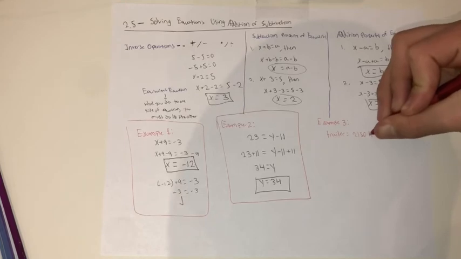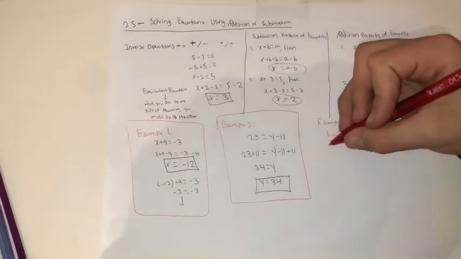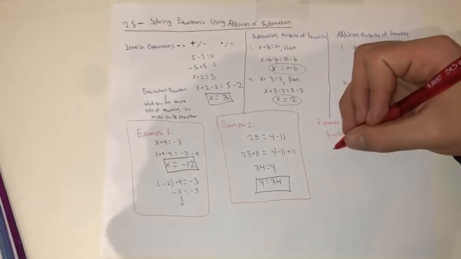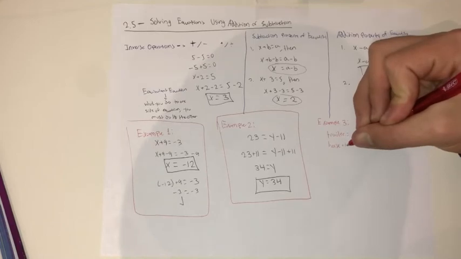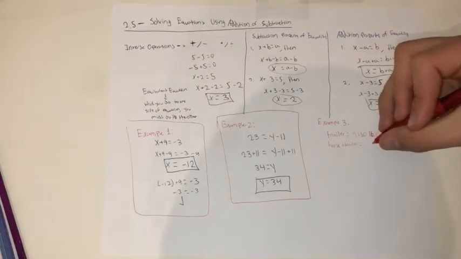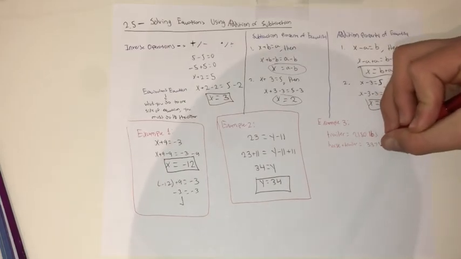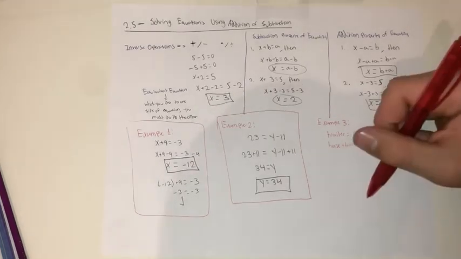LB, this is for pounds. And they also tell us that the combined weight of the horse and trailer is 3,375 pounds. So they're asking us, what is the weight of the horse?